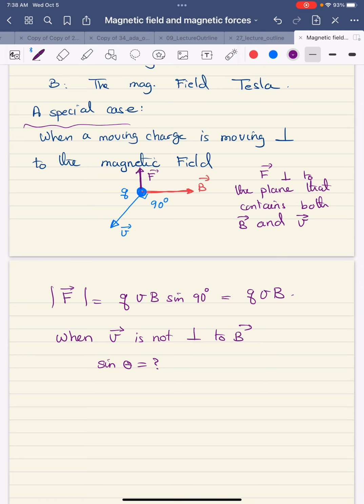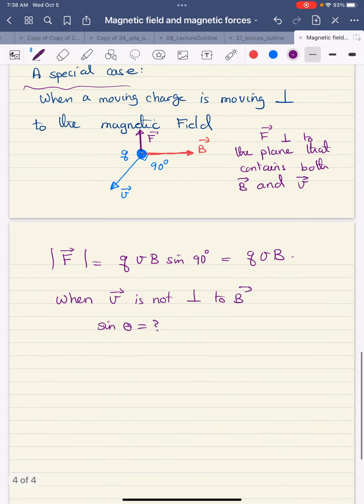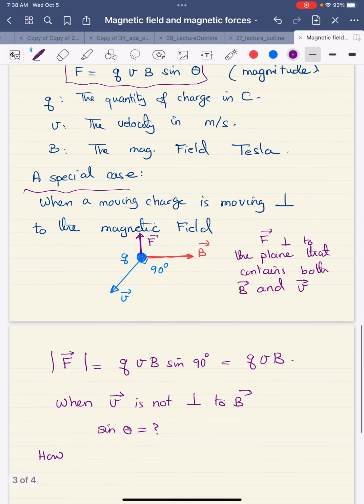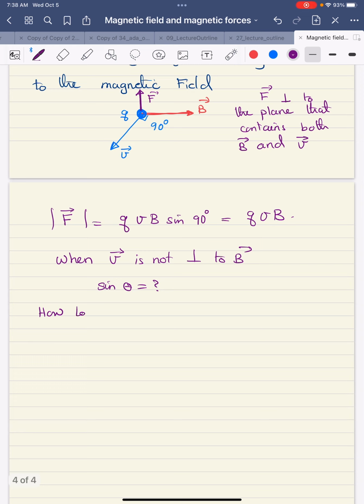Now, remember we said this equation here is just for the magnitude. How to determine the direction of the force? We said it is perpendicular to the plane, but we need to know how to determine it.